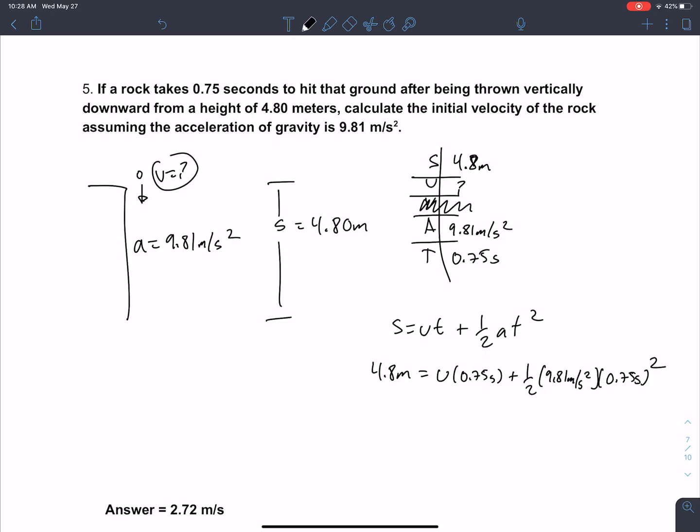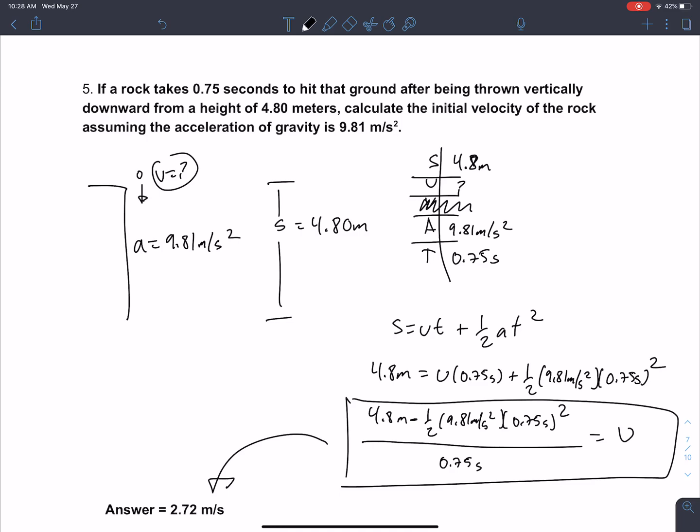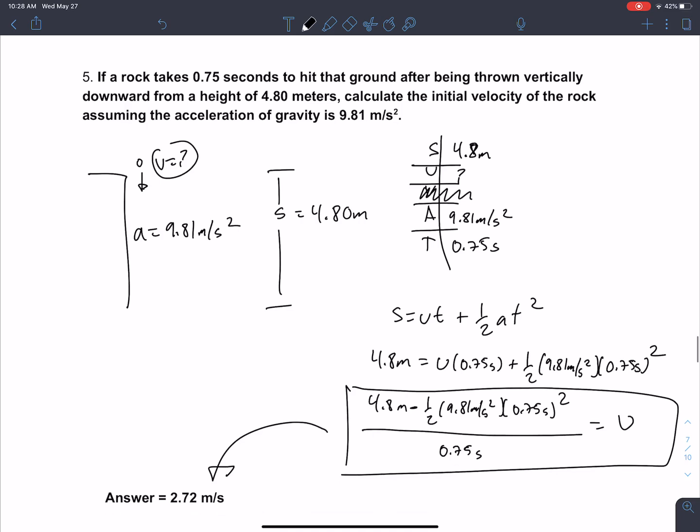Okay, and then if I rearranged everything, so 4.8 meters minus that, okay, that should give us 2.72 meters per second.